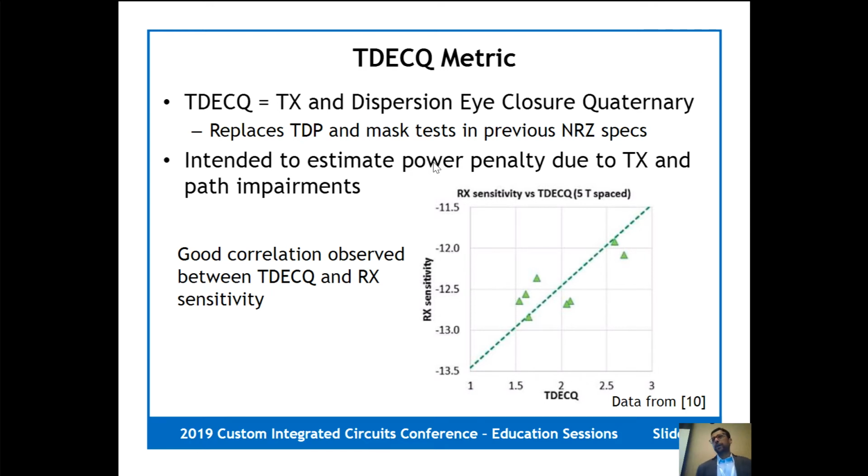It took a lot of debate and discussion to actually settle on what that should be. But now that's been finalized, and people have actually shown through measurements with different transmitters and receivers that there is good correlation between this metric and what we ultimately care about, which is the receiver sensitivity.